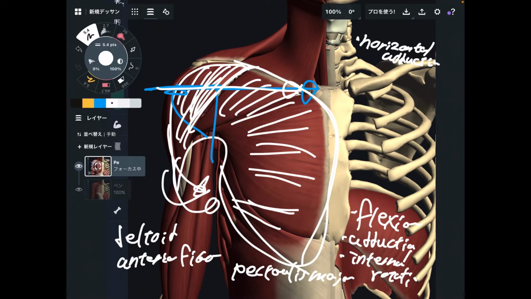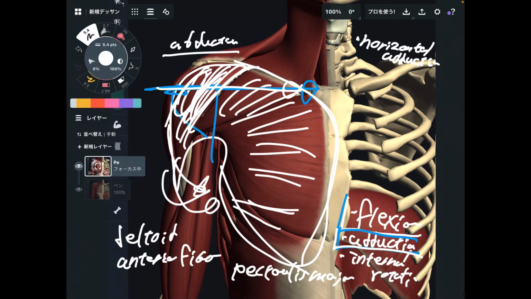What about deltoid? That's kind of similar with pectoralis major that can do shoulder flexion. And interestingly, that does shoulder adduction. Wait a minute, deltoid does shoulder abduction, right? True, deltoid does abduction and so does adduction.